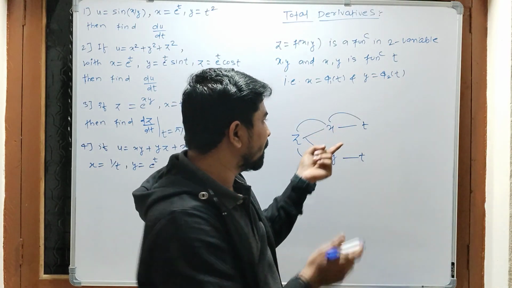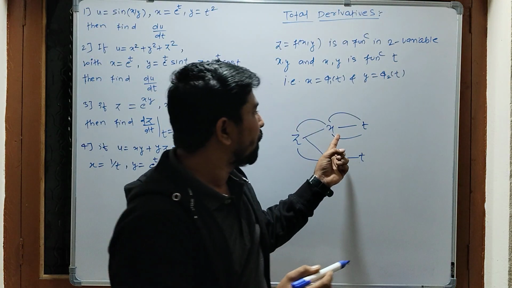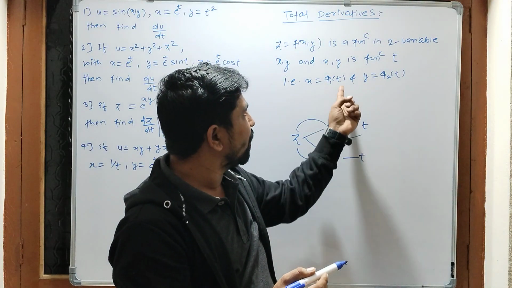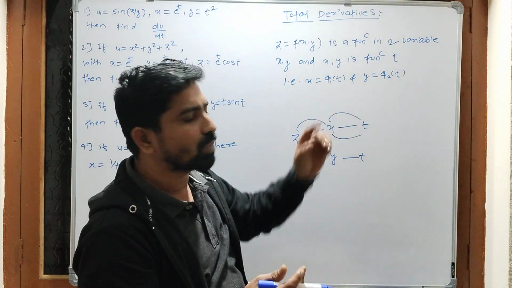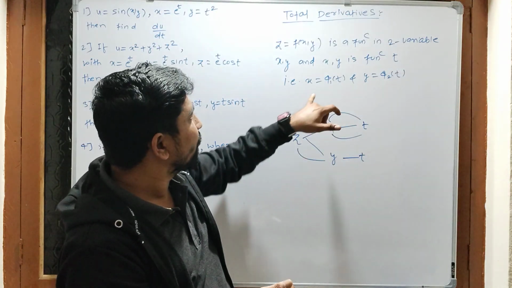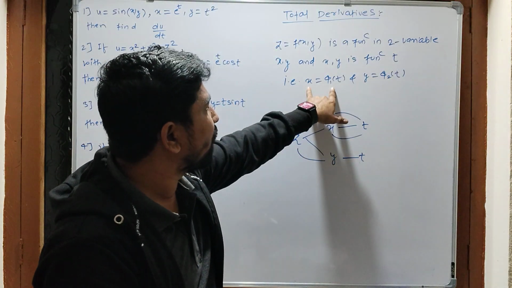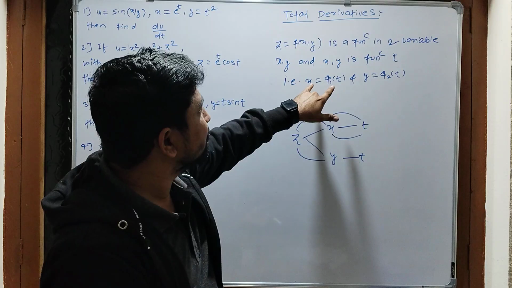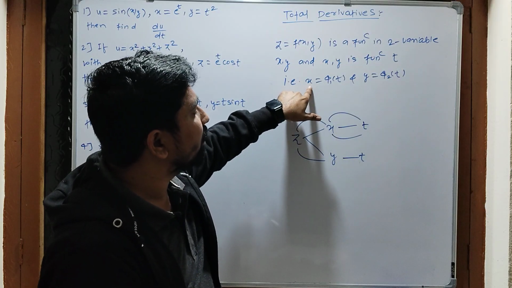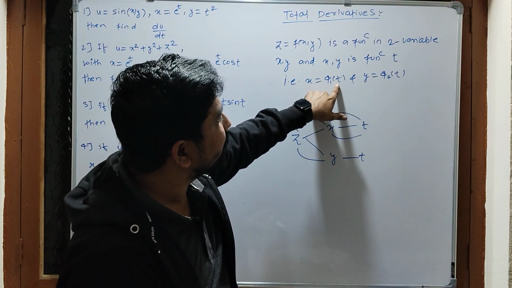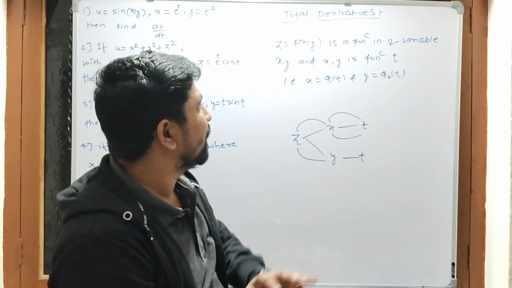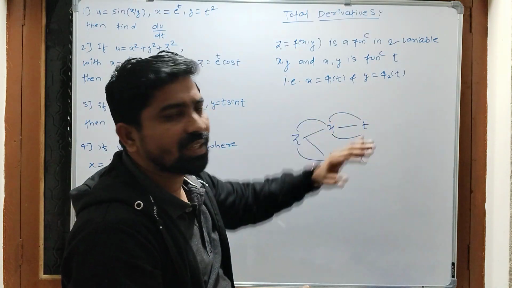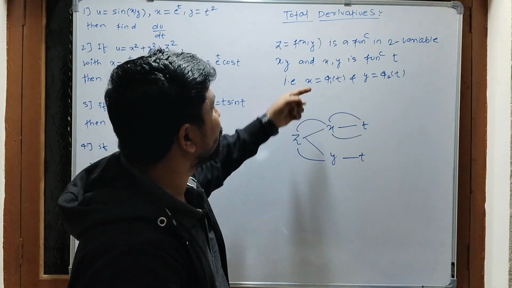For this function, x equals phi 1 of t. So x is the output and t is the input corresponding to this function phi 1. That is, x is my dependent variable, which depends on the independent variable t with respect to function phi 1.